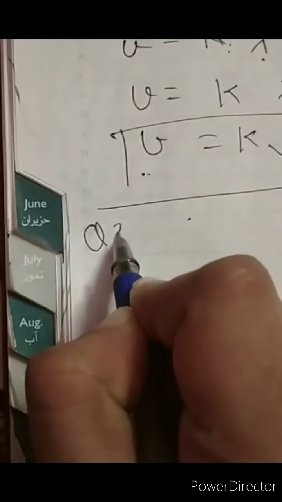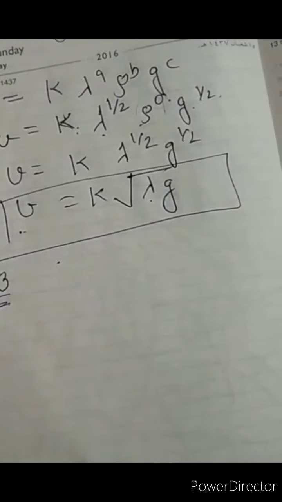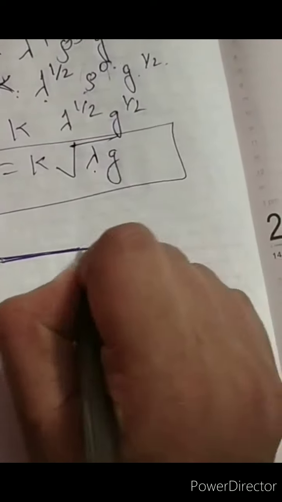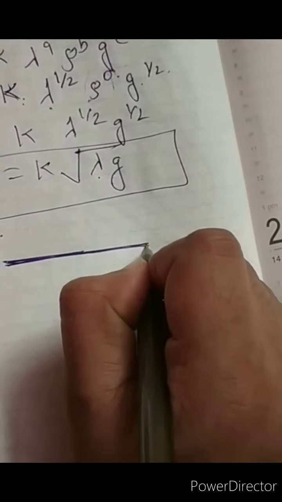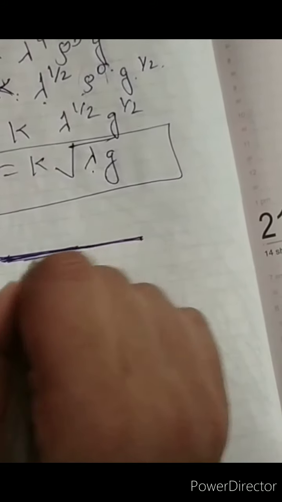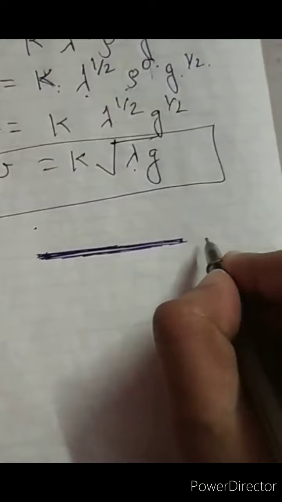Now I will give you again a very different question of MLT form, question number 3, and this is about the heat produced. The question is: the heat produced in a wire carrying, this is my wire.